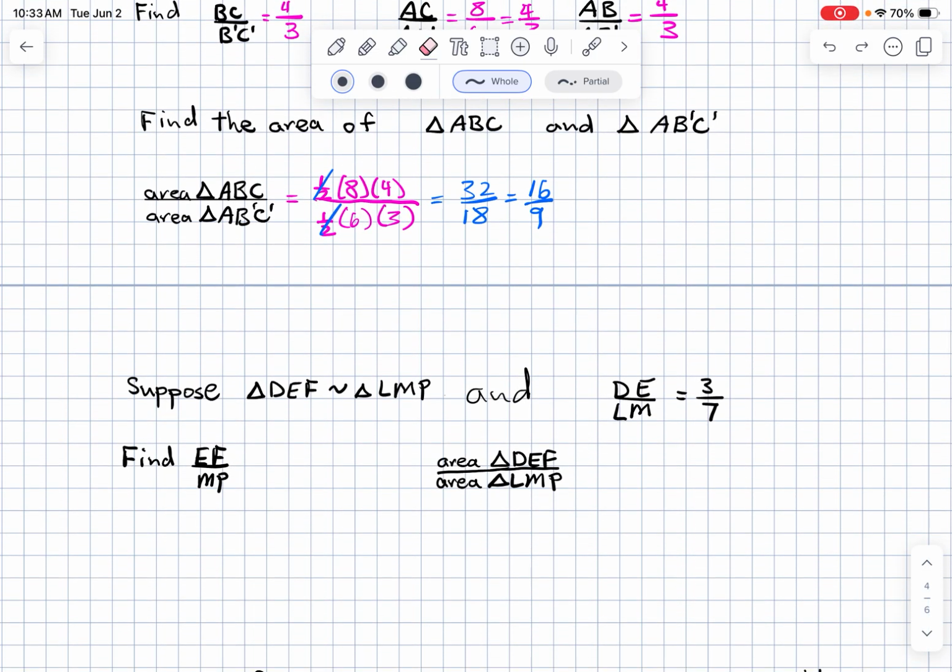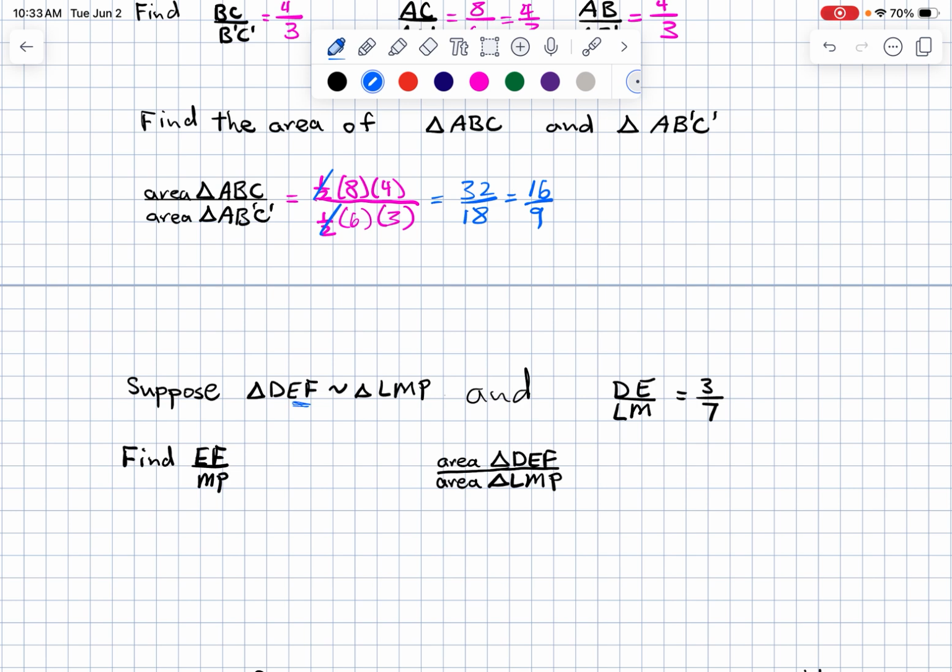Okay? So dig this. Let's suppose we have a couple of, let's just see how this works. We have similar triangles here. We have DE divided by LM. Those are the corresponding sides. It's 3/7. So now what we want to do is we want to say, okay, what is EF?